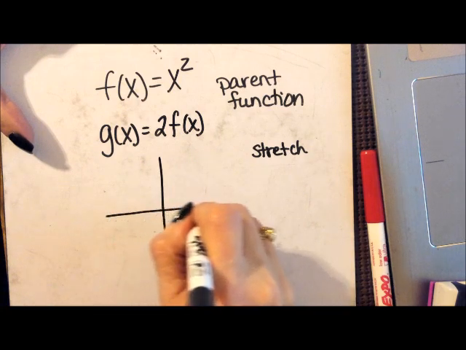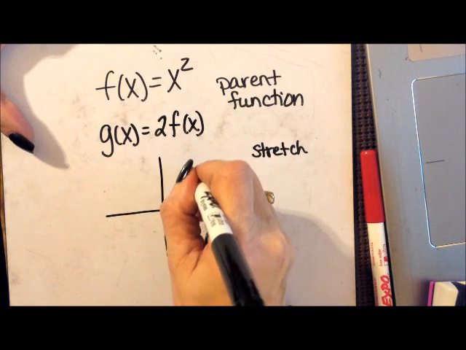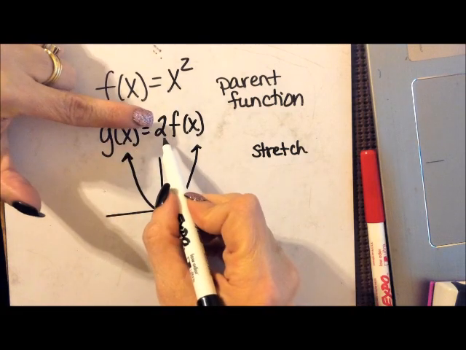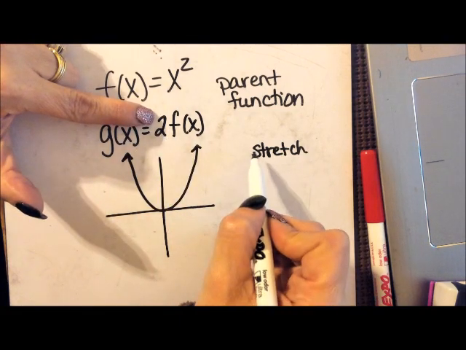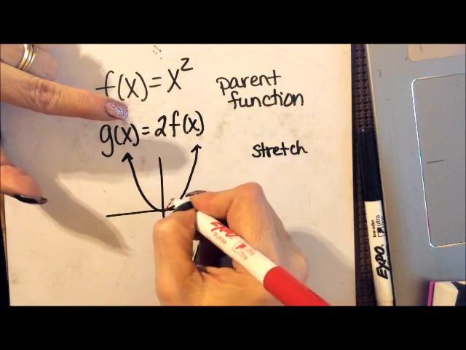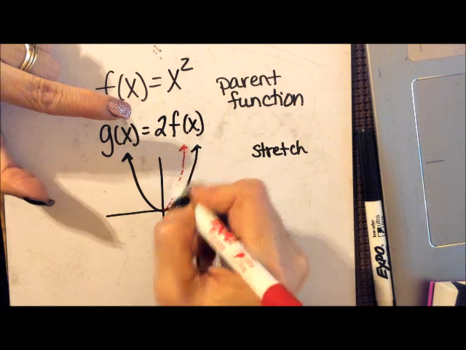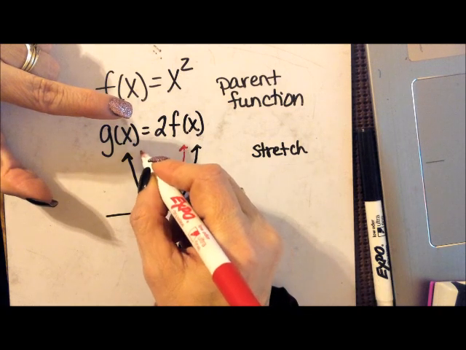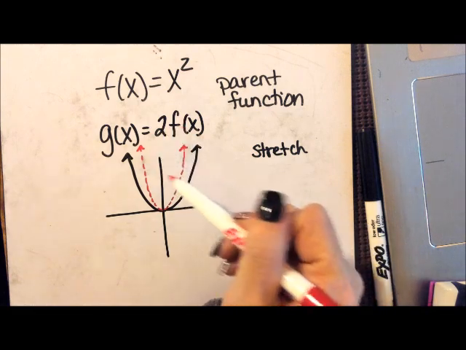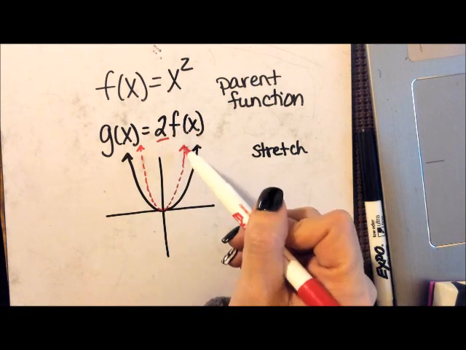I'm going to draw it, and I'm going to put my parent function right here. If I multiply that parent function by 2 and stretch it to get more narrow, that graph would look like this. It would be stretched more narrow than the other one. So this would be a situation where this 2 is on the outside.